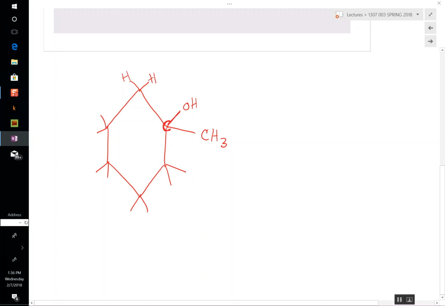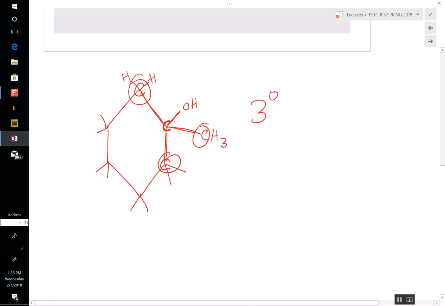Here's the carbon bearing the OH. There's a carbon. There's a carbon. No, there's only 3. There's only 3. All right? So that is a tertiary.